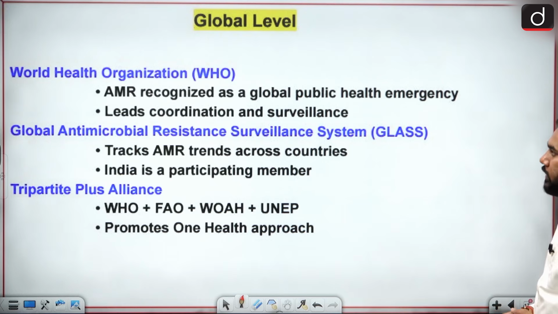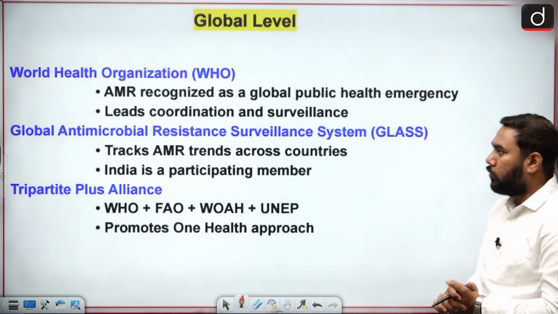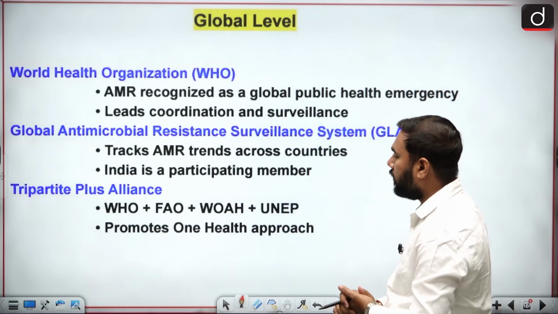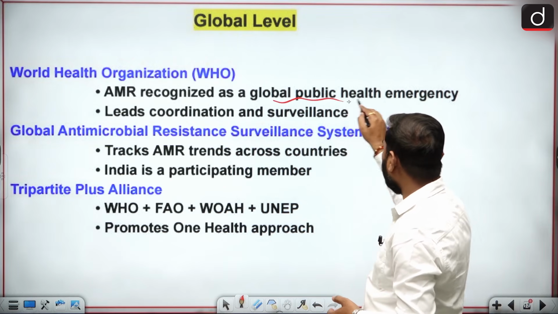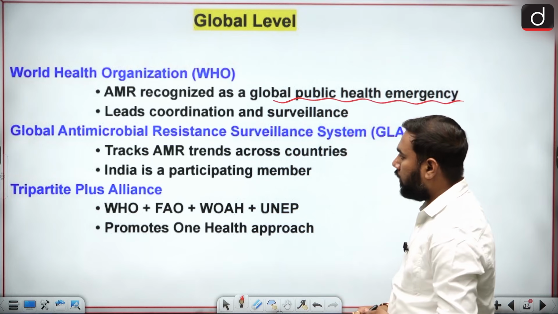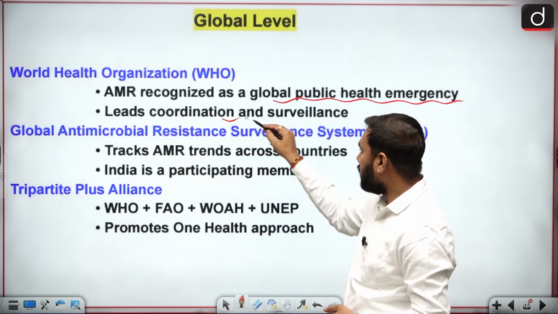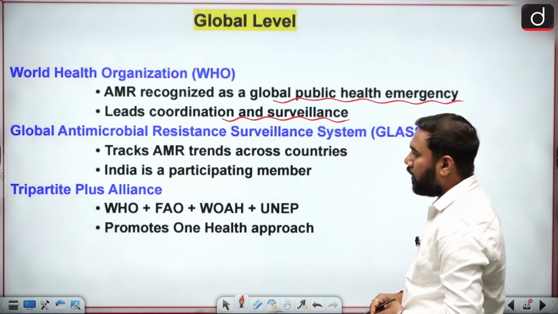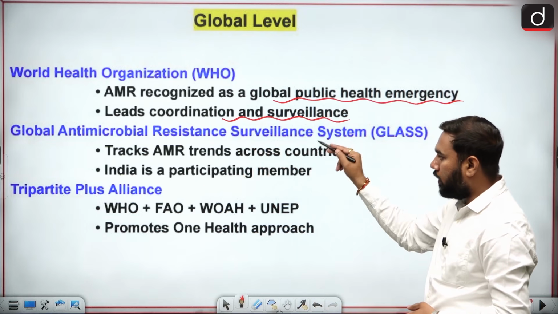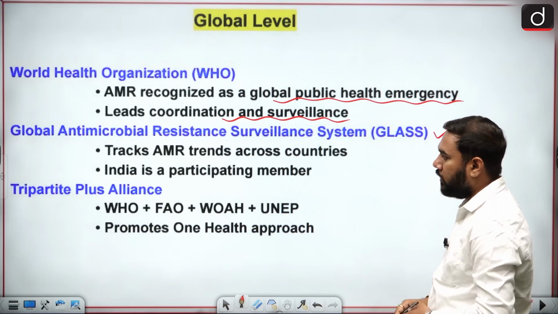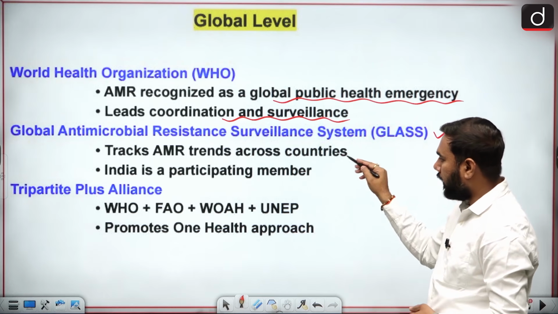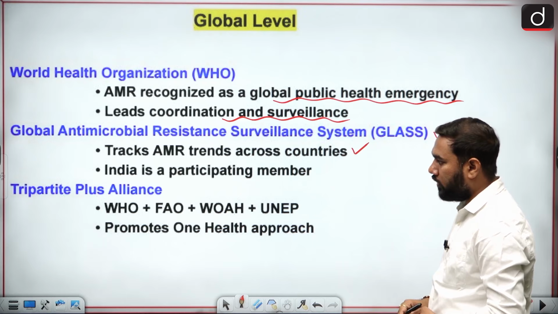Next, what is the global structure? WHO, the World Health Organization, recognizes AMR as a global public health emergency. It leads coordination and surveillance. The Global Antimicrobial Resistance Surveillance System, known as GLASS, tracks AMR trends across countries.